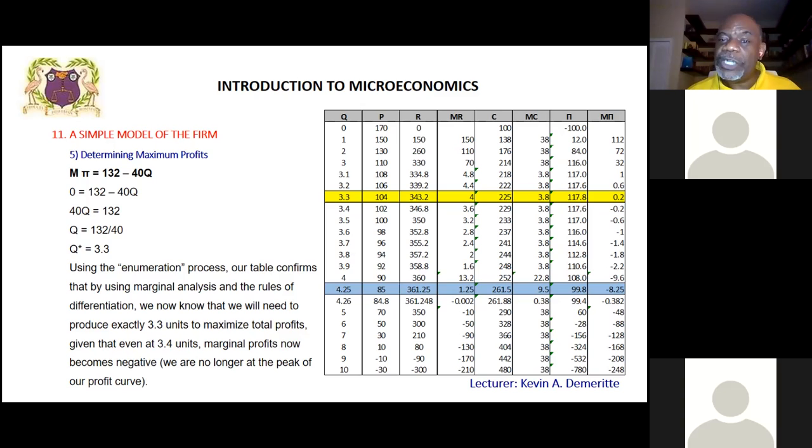But at this point, we just want to make sure we understand that this methodology, marginal analysis as we're calling it, allows us to get much more precise than the enumeration method. So this allows a firm to have a much clearer, much deeper understanding of how much I need to produce and sell if I'm going to make every single dollar that I can make.